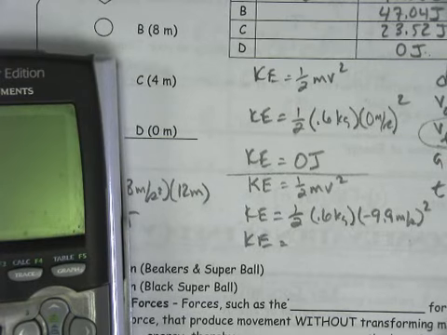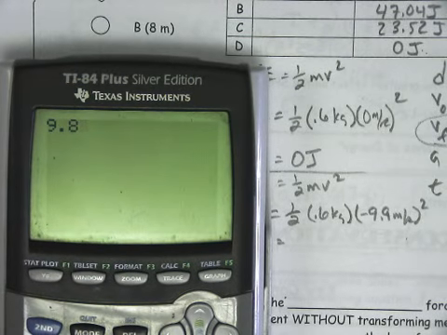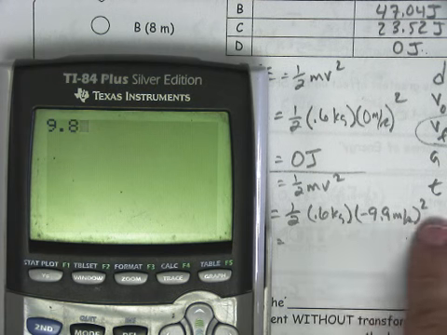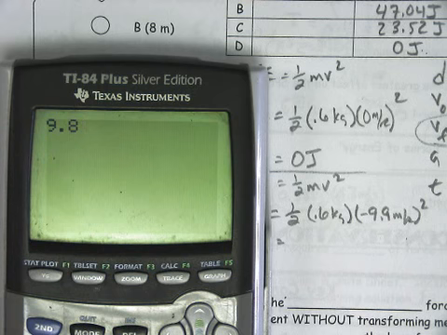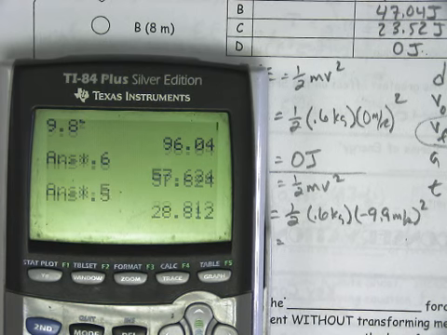And then here we go. So 9.9 squared. I'll show it here so you can see it. Again, you can throw in the negative there and square it, and that's fine. I know that negative is going to be squared out, so I don't include it in my calculations. So I'm going to square it, multiply it times 0.6, and multiply it times 0.5.